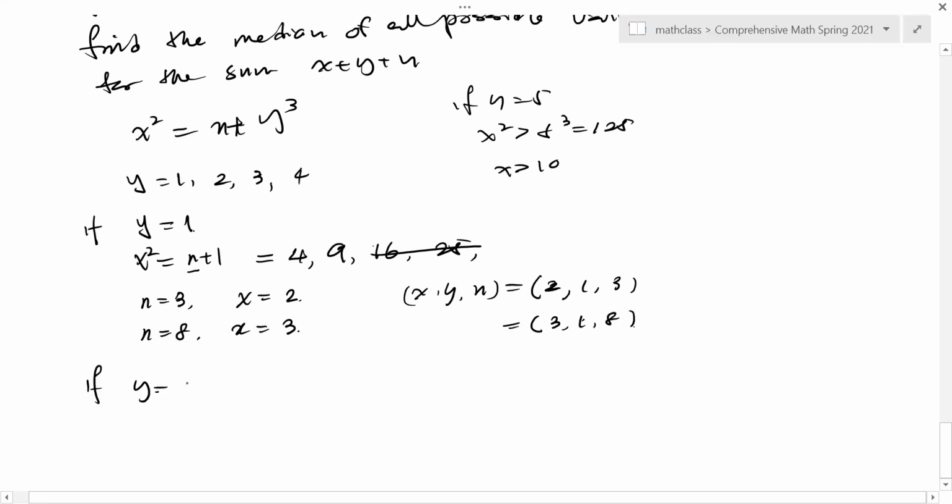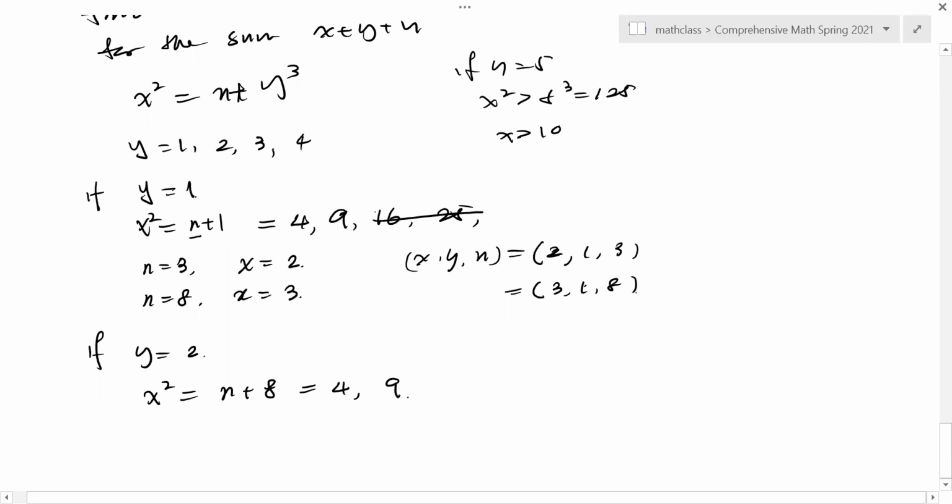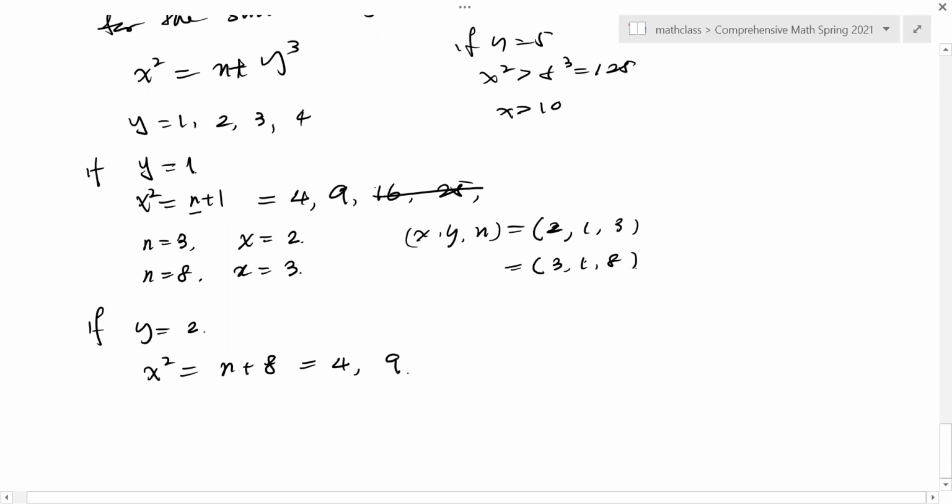Then you look at the second case, y equals 2. So x squared equals n plus 8. Now, wait a minute, because the largest possible value for n is 10, so 16 should be included, just because n is less than 10.